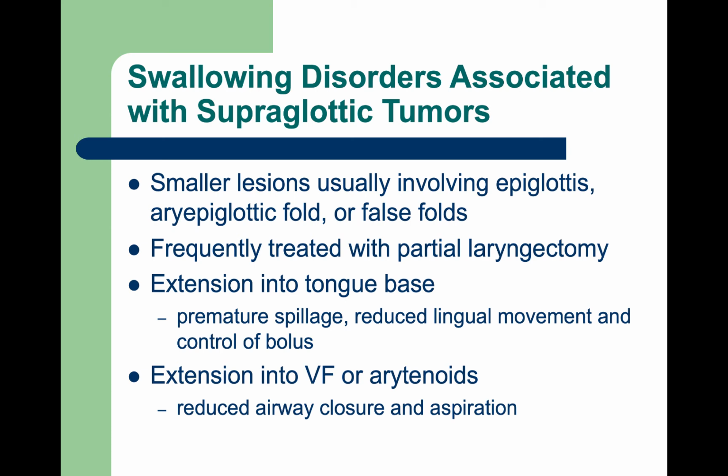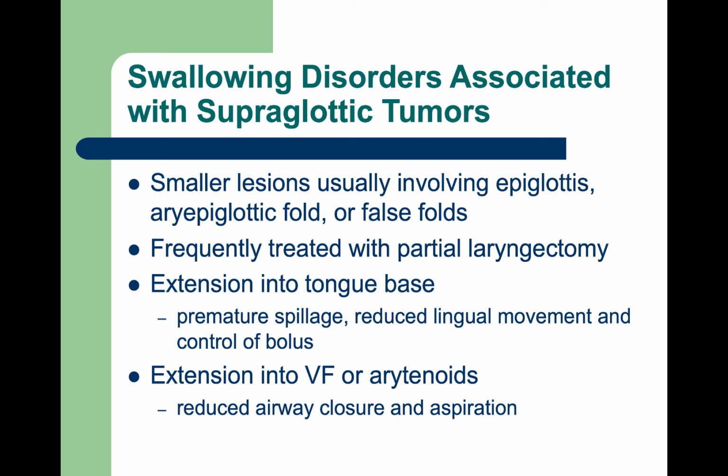So individuals who undergo an uncomplicated partial laryngectomy procedure, which may also be known as a horizontal or supraglottic laryngectomy, will typically regain normal swallowing without any aspiration about 1 month, give or take on average, post-surgery.